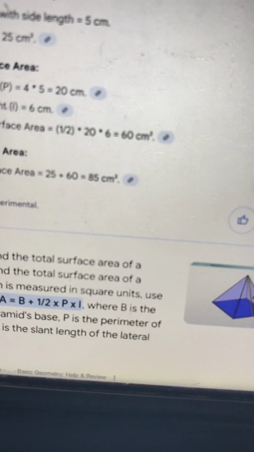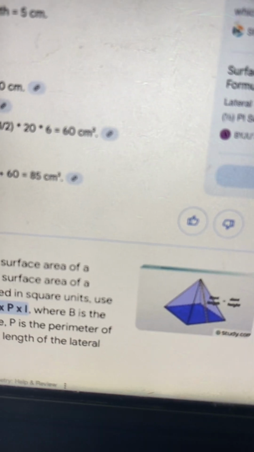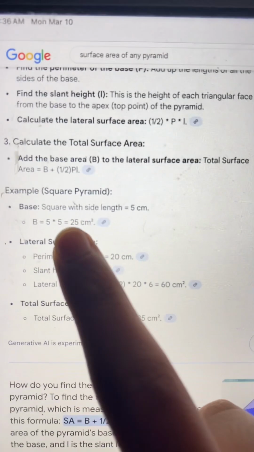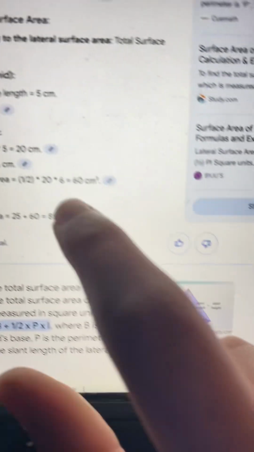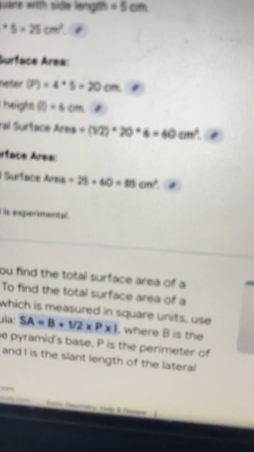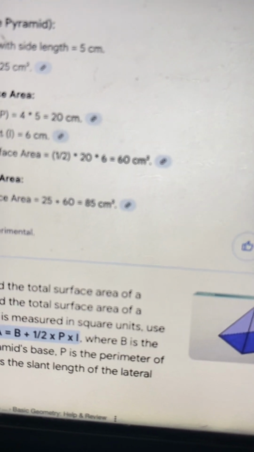And then the total surface area, adding up 25 plus 60, because remember, 25 is the area of the base, and 60 is the surface area of the lateral faces. If we add these two numbers together, we get 85 square centimeters.